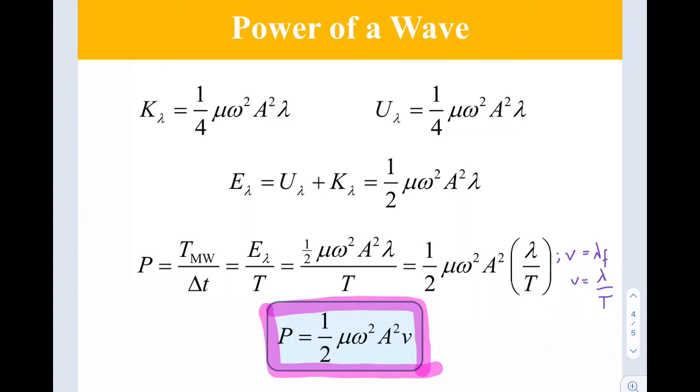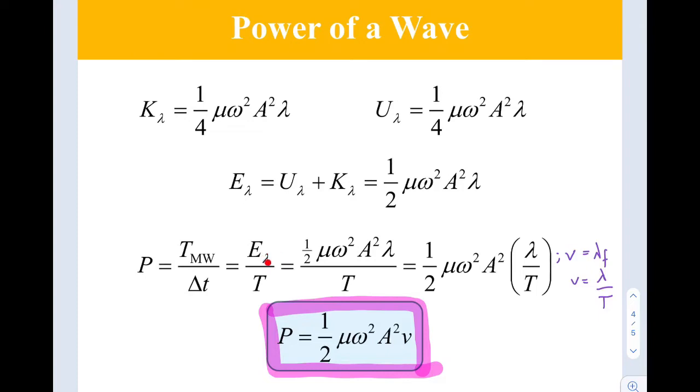So E total within one wavelength must be equivalent to U plus K. 1 over 4 plus 1 over 4, you will get half mu omega squared a squared lambda. Talking about the power of the wave, it must be the rate of energy transfer of the mechanical wave over the time taken to have it done. The transfer of mechanical energy just now is in terms of E total within 1 lambda.